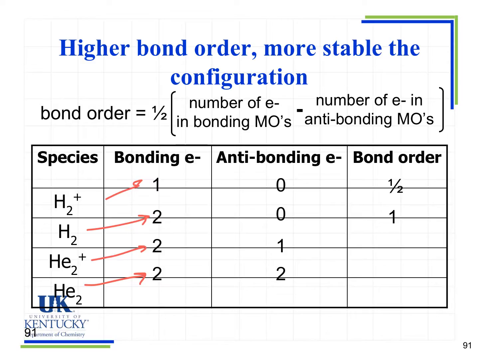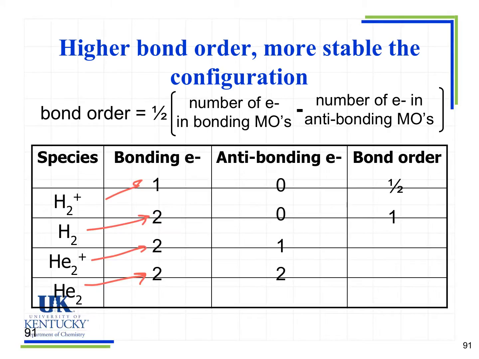So if I go back to that picture on the previous slide, for H2 plus, we had 1 electron in a bonding orbital and no electrons in antibonding orbitals, so 1 minus 0 is 1, divided by 2 or multiplied by a half, either way, we get 1/2. When I look at H2, I get 2 minus 0 divided by 2 is 1.